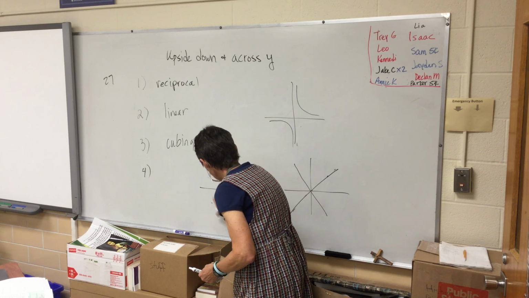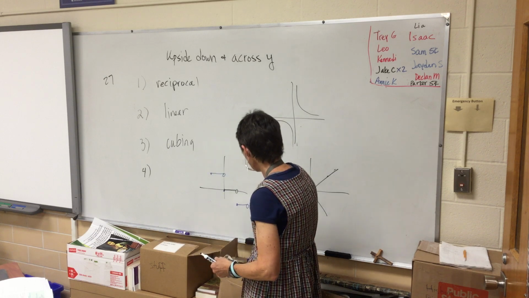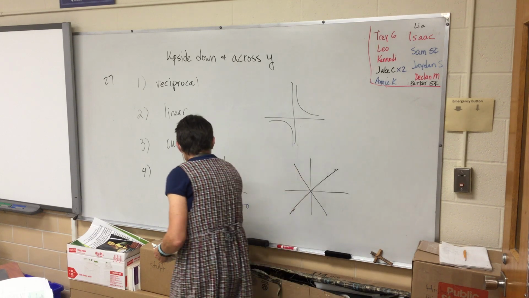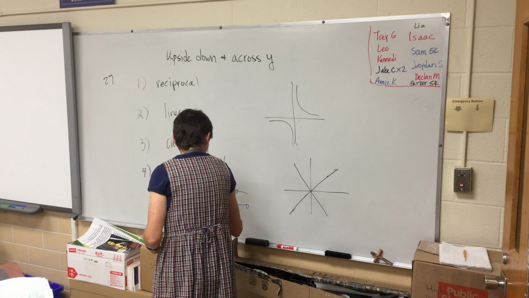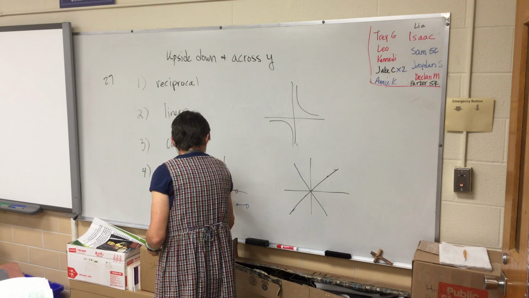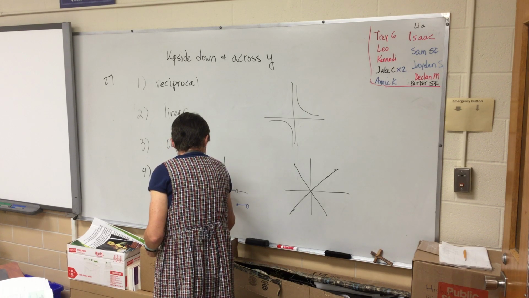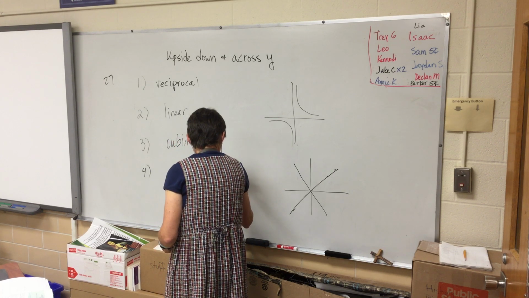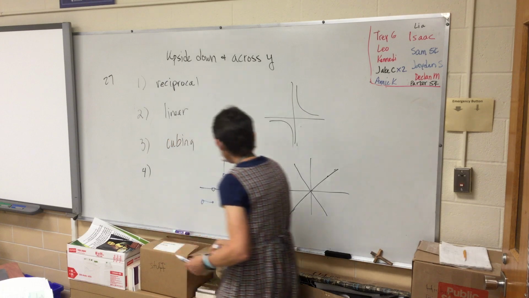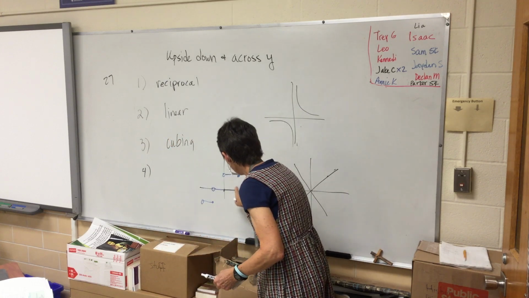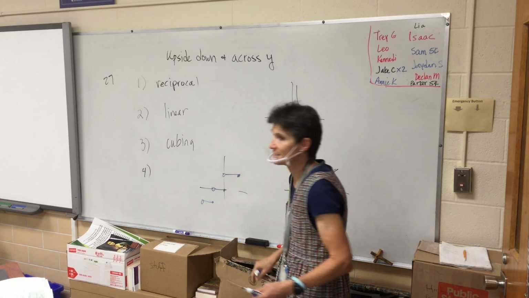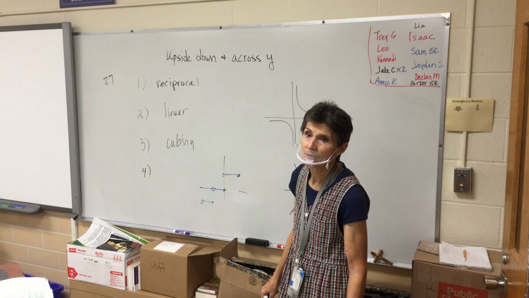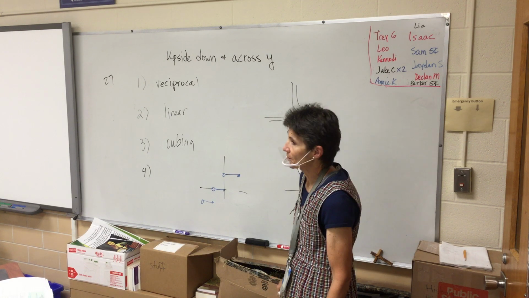Those are the originals. Now when I flip that across y, it's going to look like this. That's a tricky one, Josh, but that isn't the same thing because the dots are in the wrong spot. So it's a great guess, but I don't think it's the same.